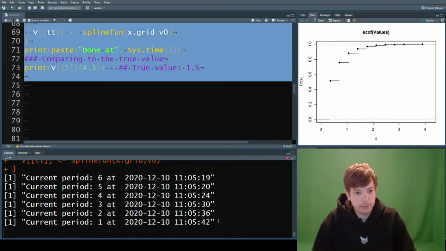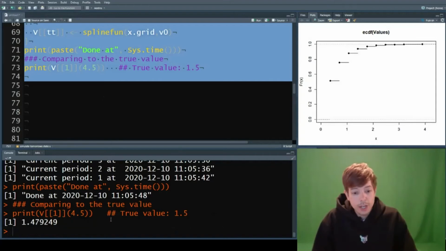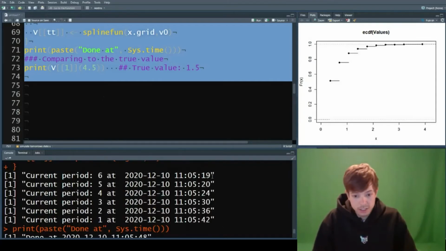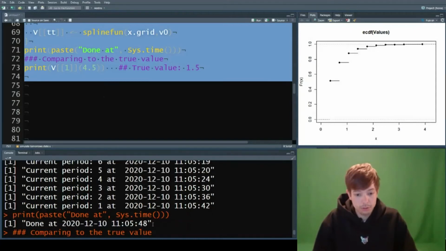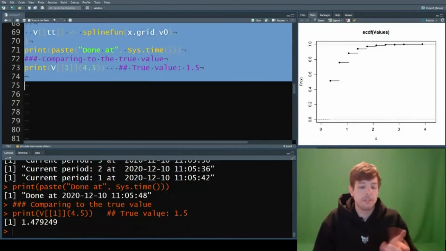So let's have a brief look at what happens. It took 27 seconds, so roughly twice the time, which makes sense because we doubled the grid size, doubled the number of grid points, and we are much closer to the true solution of 1.5, so only a few percent off.